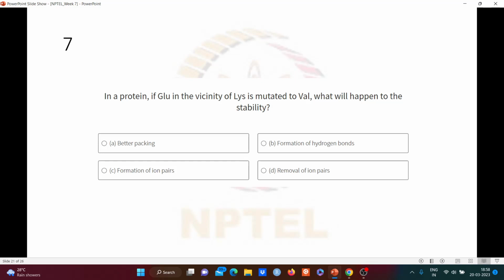So here we are removing a charged residue, replacing a charged residue with a hydrophobic or non-polar residue. So what will it cause?